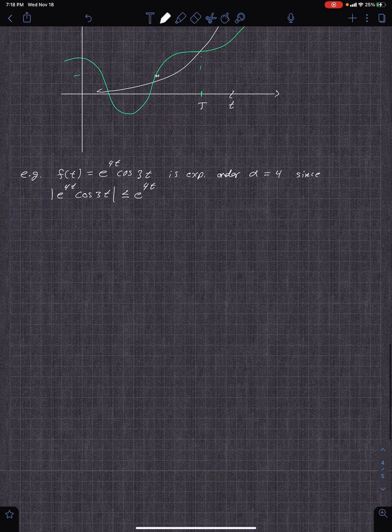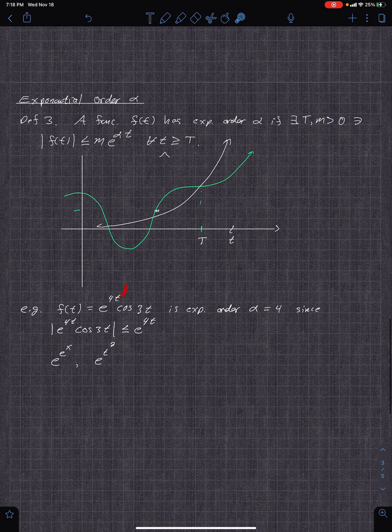All right, so it can be shown that these functions grow faster. You could have e to the x squared. That grows really fast, higher than exponential order. E to the t squared, again, is not that form. That's a power of 1 here, going back to the definition, right? So the power is 1.